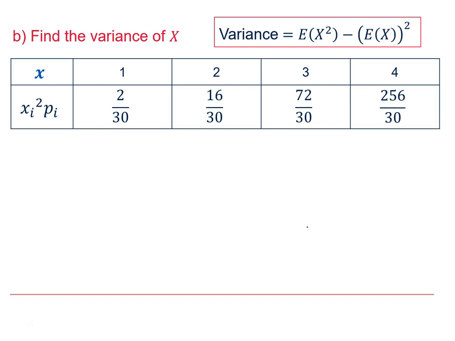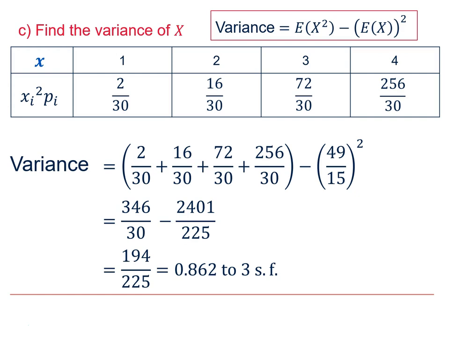And to find the variance, and do remember that there are 2 parts to this, so we're focusing on this part at the moment. Don't forget to subtract E(x) squared. So if we sum all the values in the table, we will get this expression here. So 2, 16, 72 and 256 over 30.